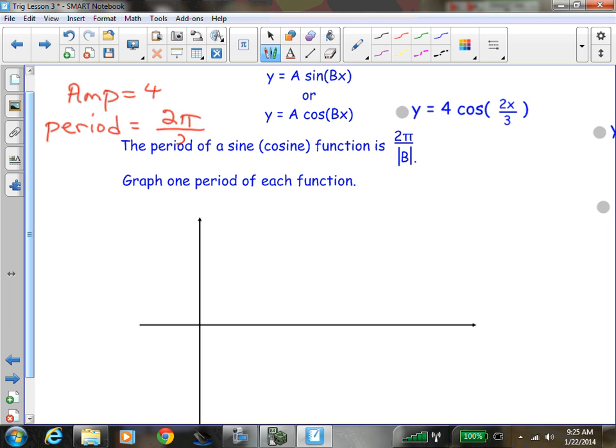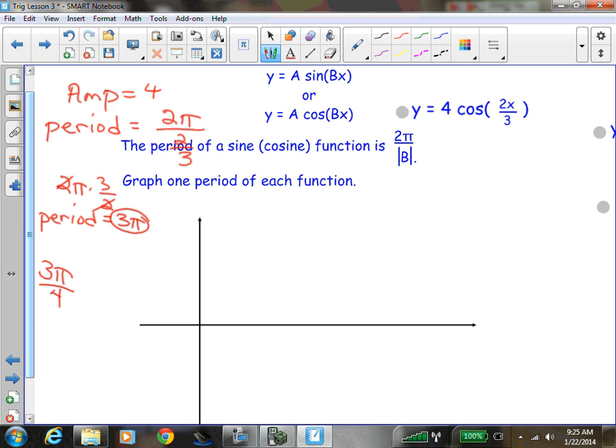So we're doing 2 pi divided by 2/3, so that becomes 2 pi times 3 over 2, and so the period is 3 pi. Now, to get how far apart the tick marks are, we've got to take the period and divide it by 4. So this time we're basically counting by 3 pi over 4s.